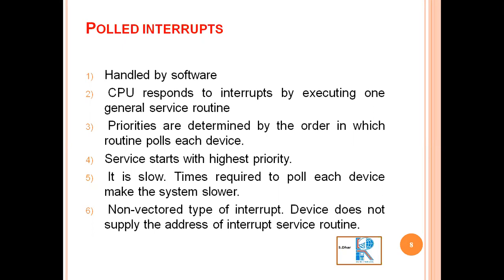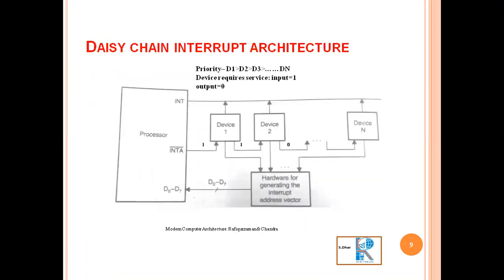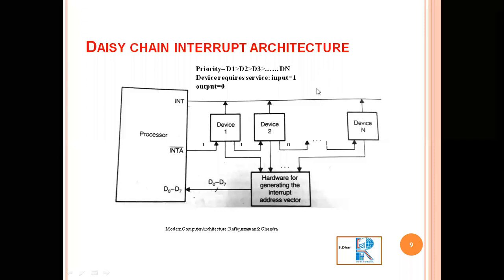Clear? So there is another technique that is mainly driven by hardware. That is called the daisy chain interrupt architecture. First, listen carefully to the architecture. See here also one processor is shown and devices are connected. But there is a special type of connection for the daisy chain. What is the connection?